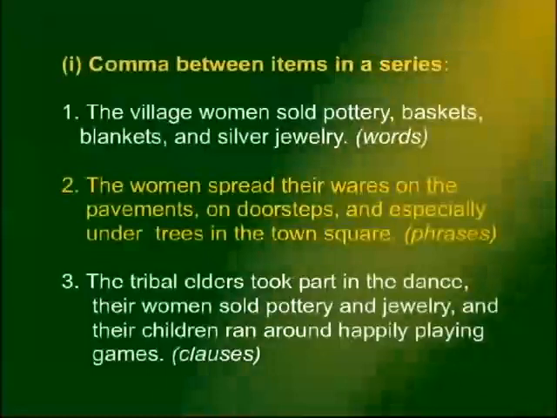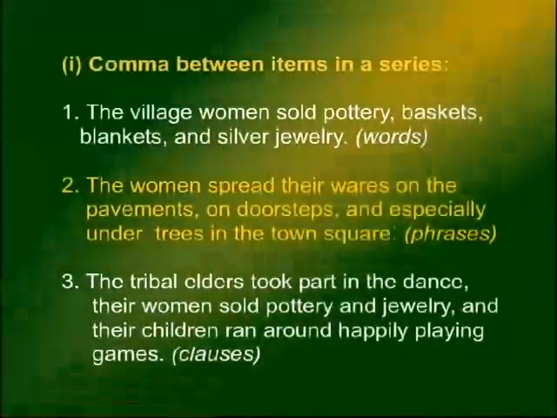Rule number 1, a comma comes between items in a series. The comma is used to separate 3 or more items in a series. Words, phrases, clauses, they may be used in a series. And we will look at a few examples. Look at the first one.